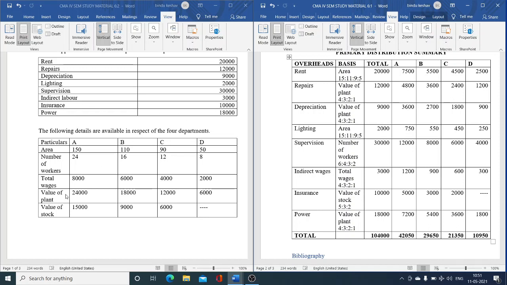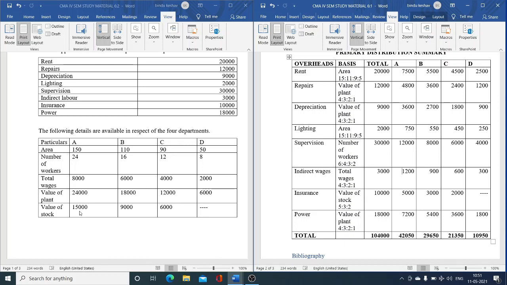It may be the insurance of plant or the insurance of stock. Sometimes the information may be given as insurance of machinery or insurance of stock. In this case it's given as insurance, so we are taking it as the insurance of stock because we have the information of the value of stock. Whenever insurance is given and the value of stock is given, it is better we take it as the insurance of stock.